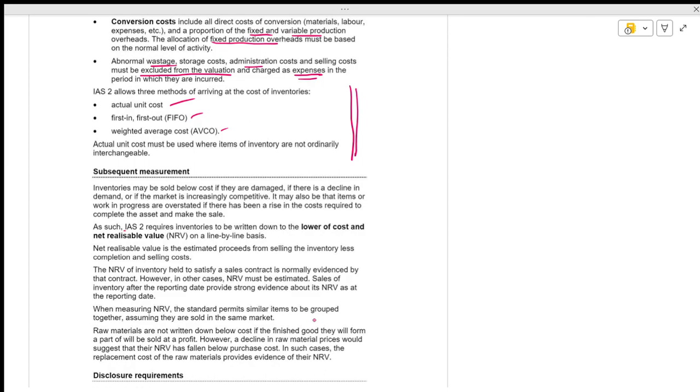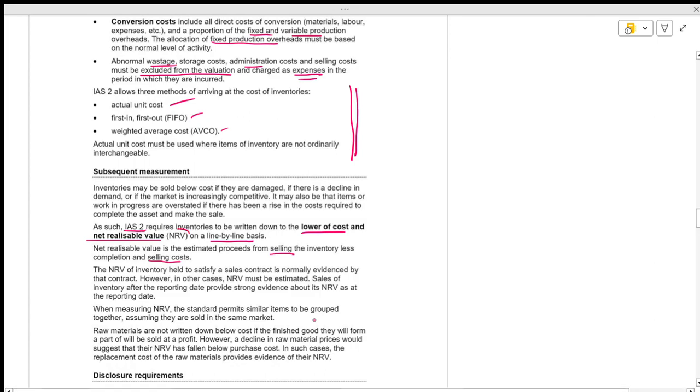As per accounting standards, we have the concept of lower of cost and net realizable value, on a line-by-line basis. What is the net realizable value? What is the selling proceeds, less any completion or selling cost? That is the net realizable value.